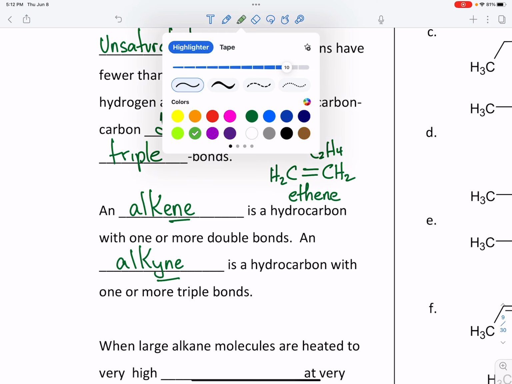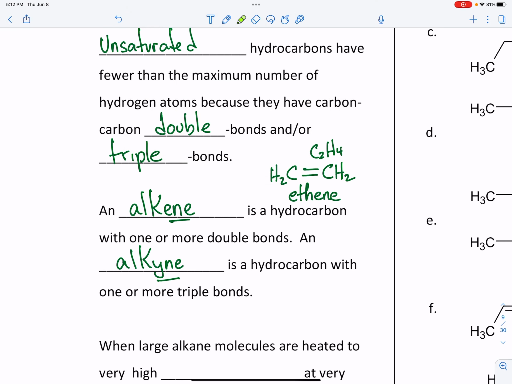When we talked about alkanes, the general formula of an alkane was CnH2n plus 2. That was for alkanes. So if you had 4 carbons, you would have 10 hydrogens, 2 times 4 plus 2. To form a double bond between two carbons, you can only do that if you take away 2 hydrogen atoms.